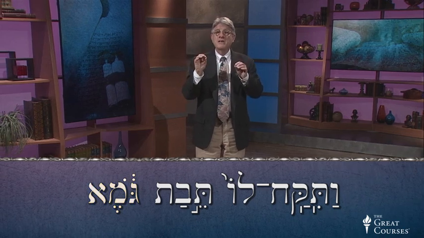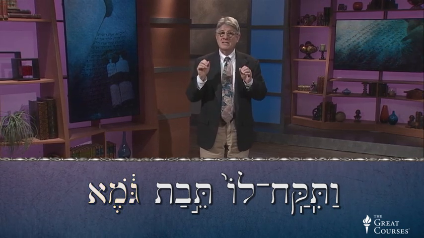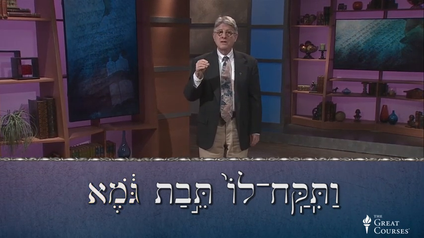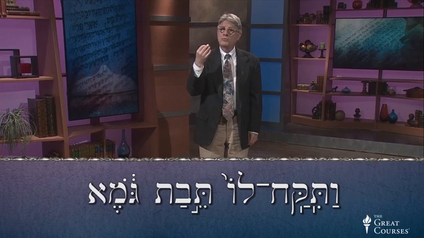The NRSV calls it a papyrus basket, but the King James says an ark of bulrushes. And an ark is a box. That's what the English word means. And in the Bible, it's used only in these two places, throughout the story of the flood, and twice in the story of Moses. In both stories, it's a box that you put in the water to save life.